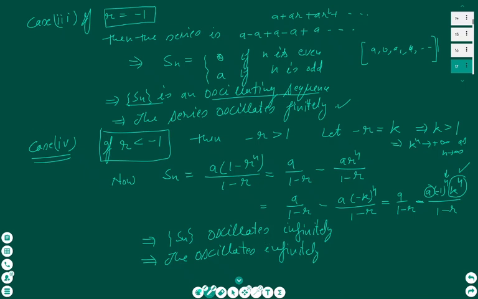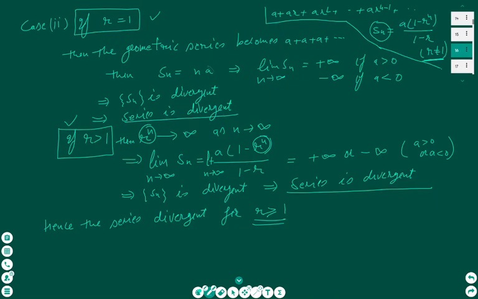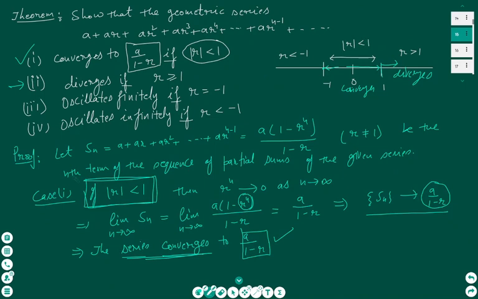So we have done all the four cases: when r is less than minus 1, when r is equal to minus 1, when r is equal to 1, and when r is greater than 1, and also case 1, when r lies between minus 1 and 1. So in any case we have discussed that the series is convergent only when modulus of r is less than 1.